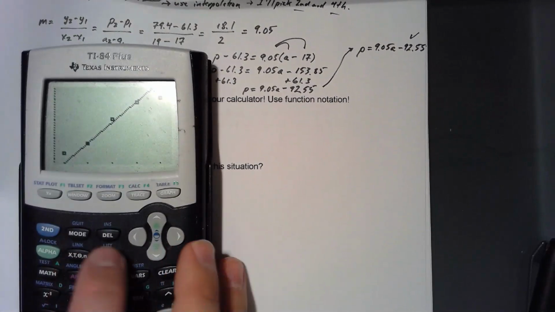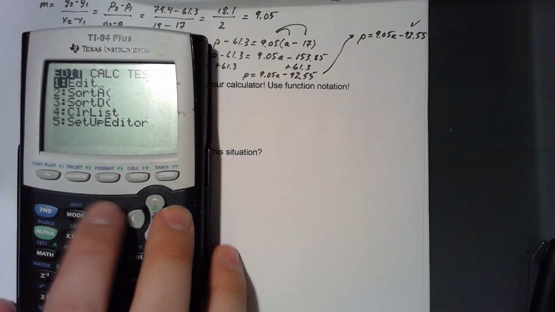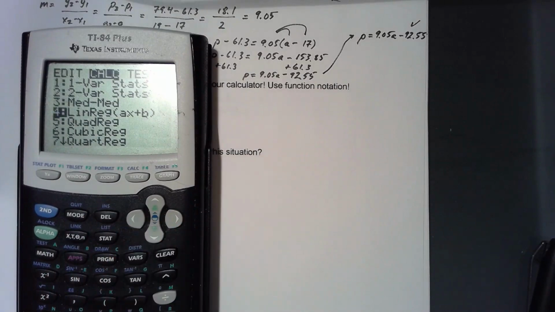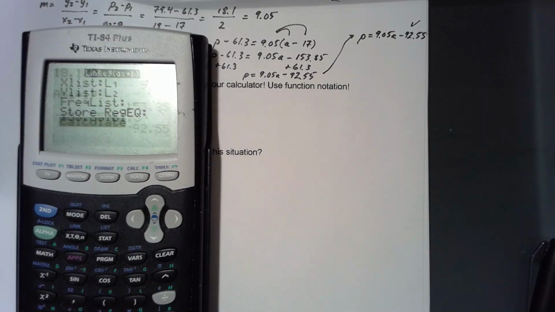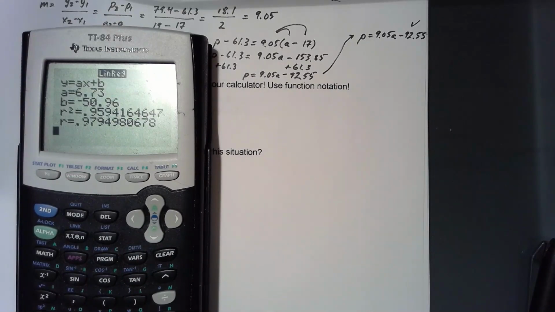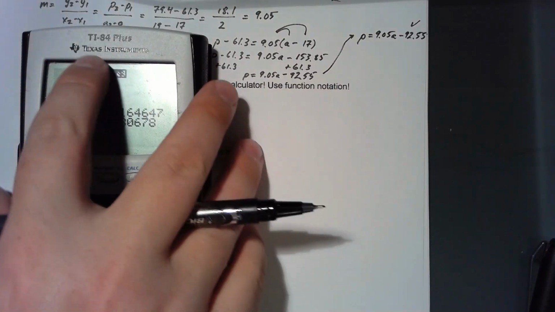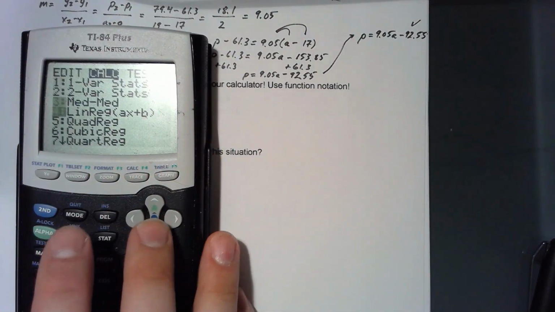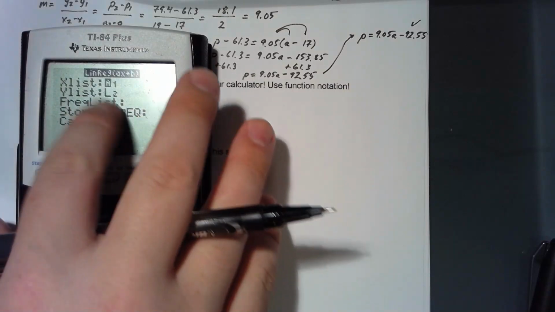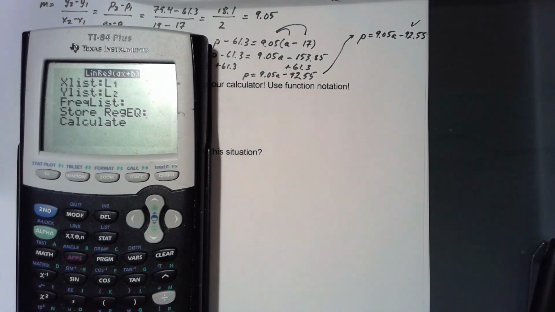So to do that, you're going to go to Stat, over to Calc, and then LinReg. You're going to go down to Calculate, and hit Enter. And there it is. So remember, if you have a TI-83, you won't see this page. Remember, if you look in your notes, when we did this, I think it's 2.2 or 2.3.